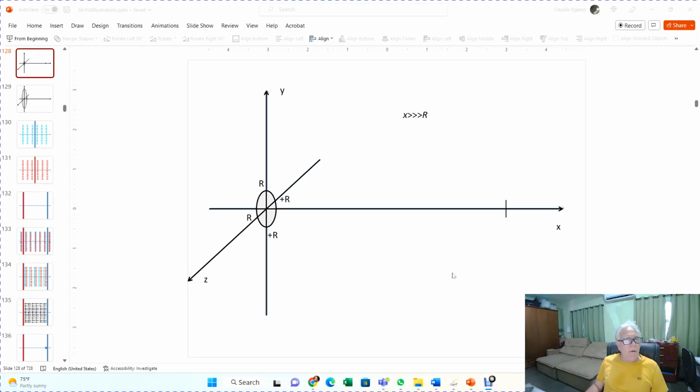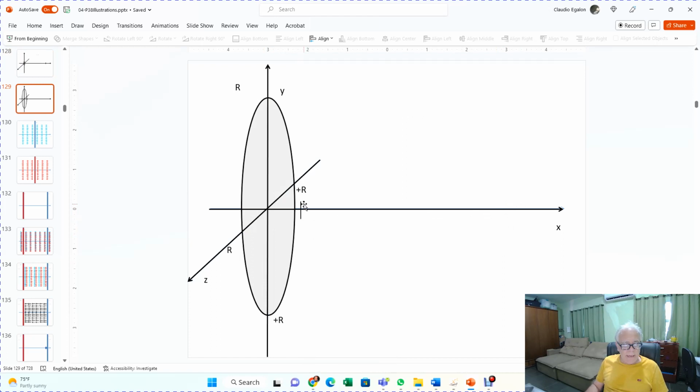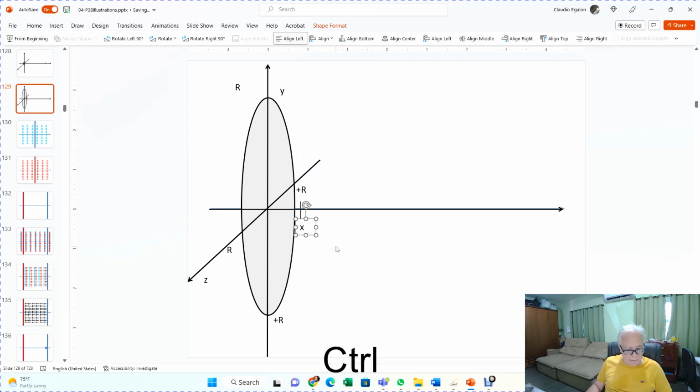The next step now is to find out how the electric field would look if the point that you are calculating is not too far away from the disk, but very close to the disk, like this spot. In this specific case, the radius is much greater than x, calling this point position x.